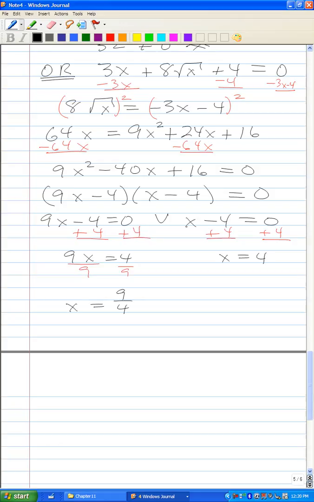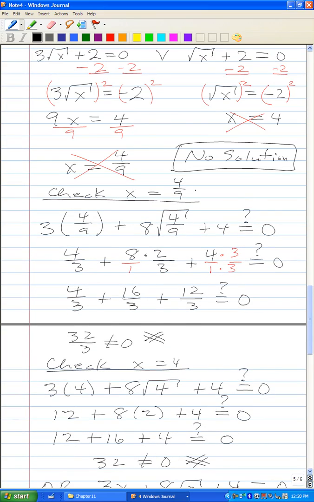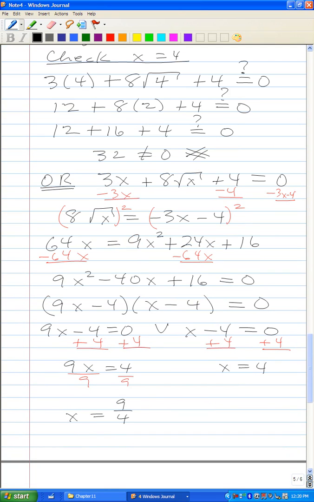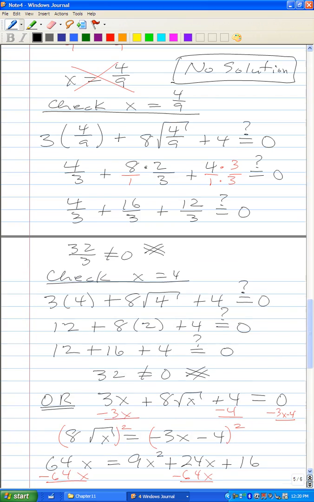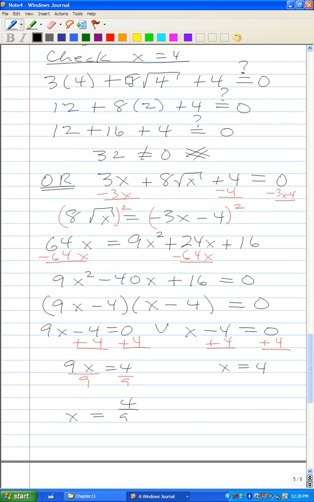But again, you could check at 4 over 9. Oops, I wrote it as 9 over 4. You could check at 4 over 9. And we already saw that the original equation doesn't work. Or you could check at 4, and again, at 4 it doesn't work. So check at x equals 4.